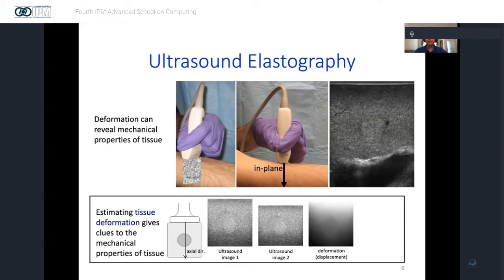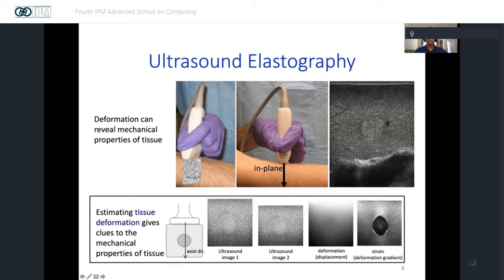And then from the displacement image, we can calculate the spatial derivative and get the basically strain image. Now, here in the strain image, if at some location the strain is low, it means that that part of the tissue is hard and it didn't deform. And that usually corresponds to pathological issues with the tissue, for example, cancer.